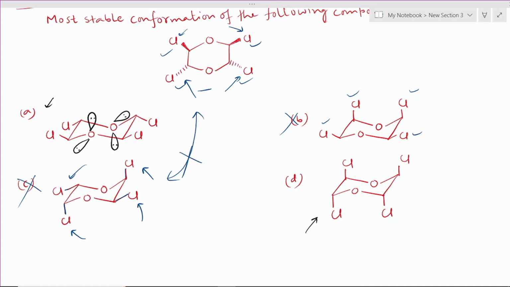Now look very carefully, this lone pair and this alpha bond and this beta bond are not actually in anti-periplanar position. Actually this bond and these bonds are in anti-periplanar position. Similarly, this lone pair and this alpha bond and this beta bond are not in anti-periplanar position. So here we can see that no anomeric effect is possible. So zero anomeric effect is present.